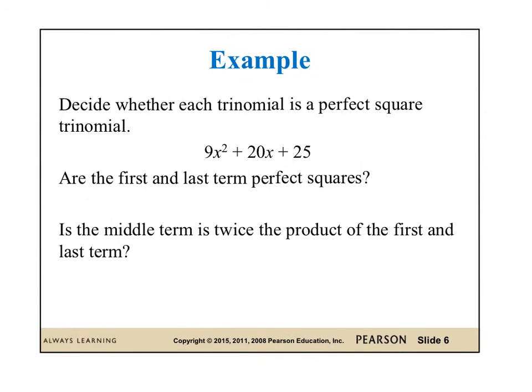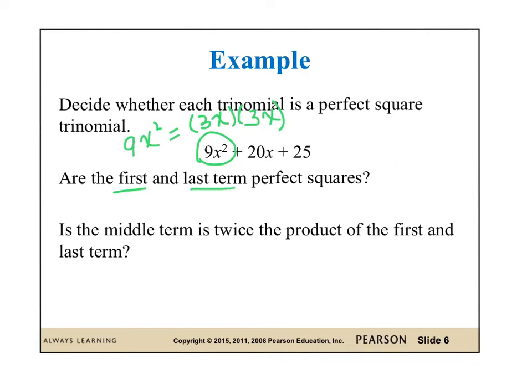So we're going to apply the test one more time. Is your first term a perfect square? Yes. 9x squared is equal to 3x times 3x.